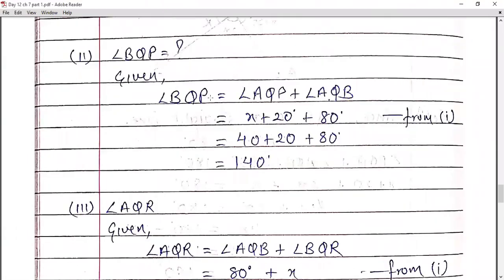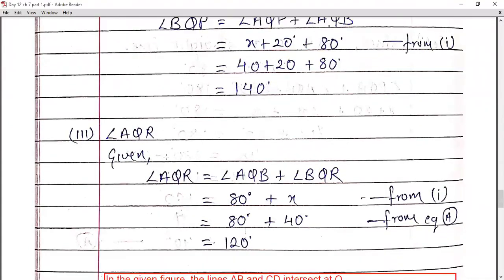So angle BQP is equal to angle AQP plus angle AQB. Angle AQP is x plus 20 degrees, whereas angle AQB is 80 degrees. Substituting the value of x as 40, we get 40 plus 20 plus 80. The sum of these 3 will be 140 degrees.